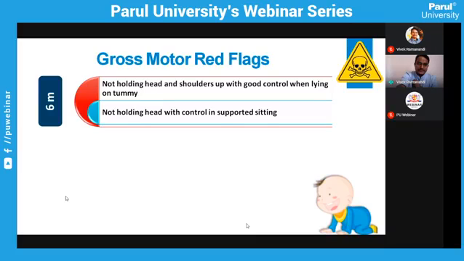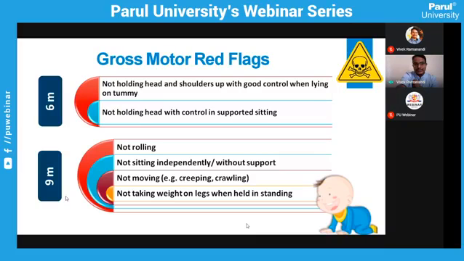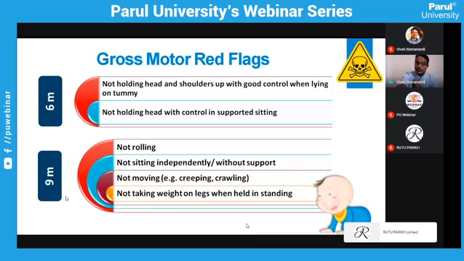If they are present, then we have to evaluate. After 6 months and up to 9 months, if the child is not rolling, not sitting independently without support, not moving in creeping or crawling, and not taking weight on legs when held in standing, then we can say the child is having suspected developmental delay.